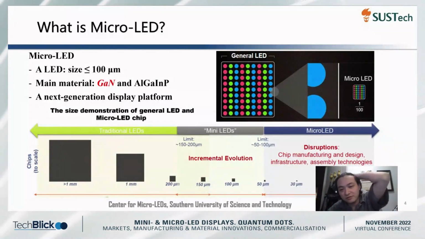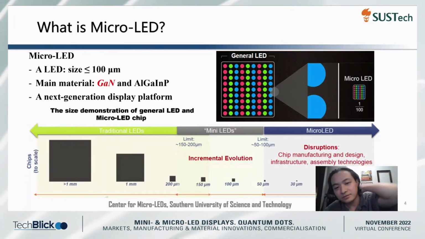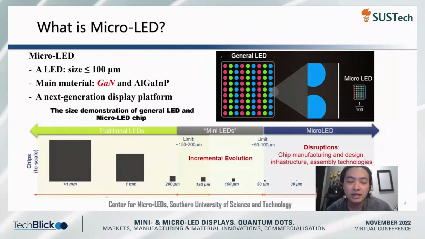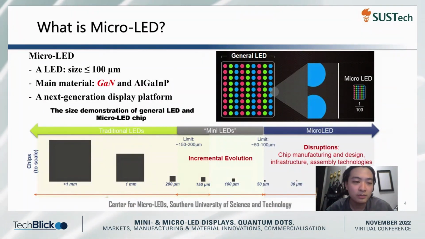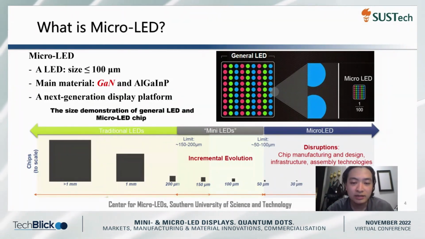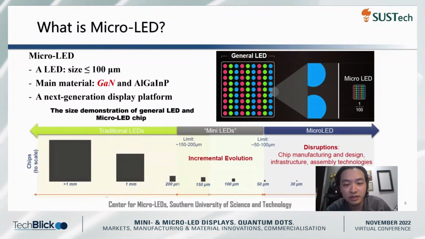So what is micro LED specifically? The general definition of micro LED is a size smaller than 100 micrometers, and the main material is gallium nitride for blue and green, and aluminum gallium phosphide for red. This figure demonstrates the size change from the traditional LED to mini LED and even to micro LED.